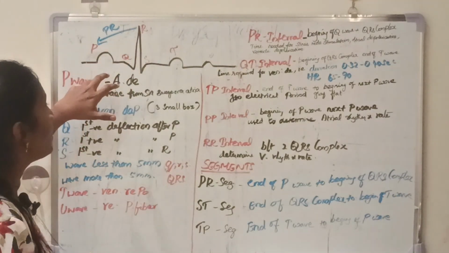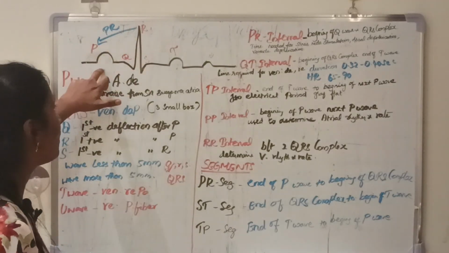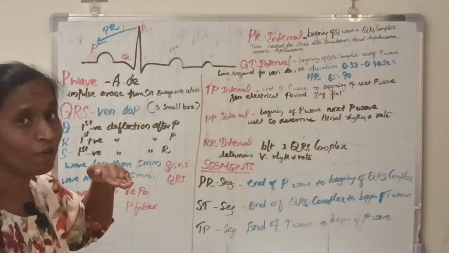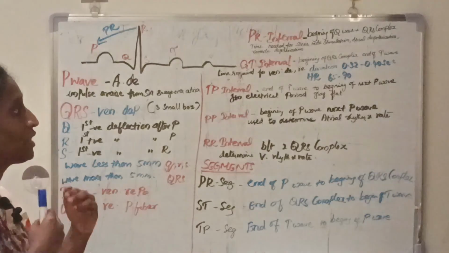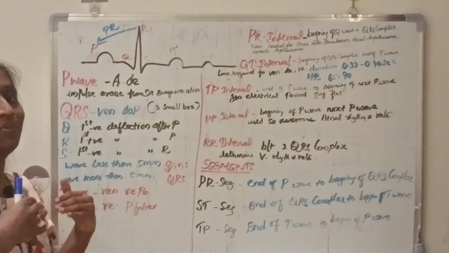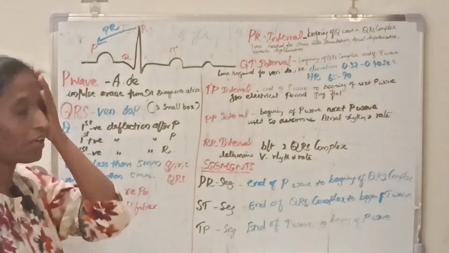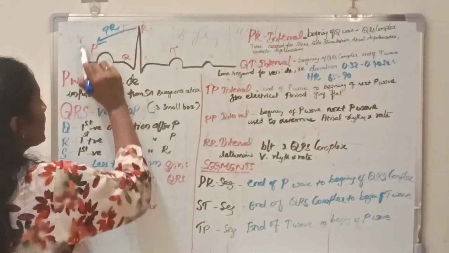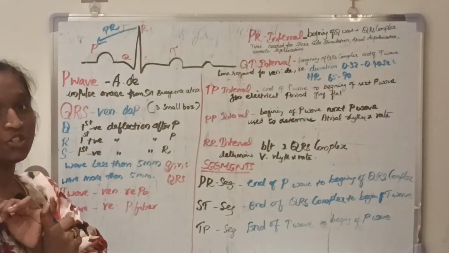So this represents the time needed for the sinus node stimulation, atrial depolarization, and ventricular depolarization. Okay, so within that, what all is happening? The sinus node needs to be stimulated.